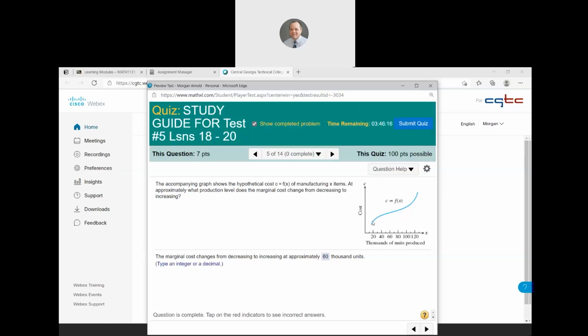And concavity means going from concave down, or cup down, and concave up is just a regular parabola with the cup right side up. So where that happens is about roughly 60,000 units. So we had to use the inflection point to determine the point where the marginal cost is changing from decreasing to increasing.